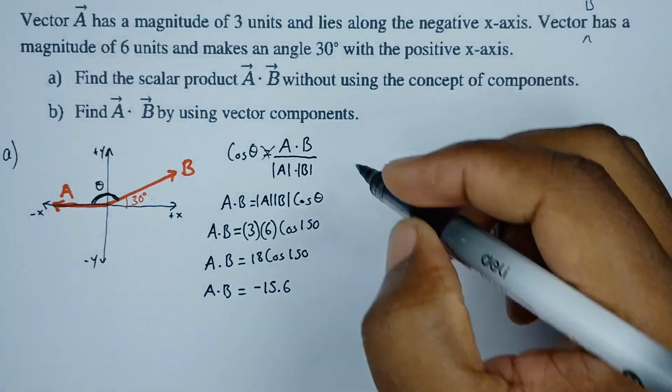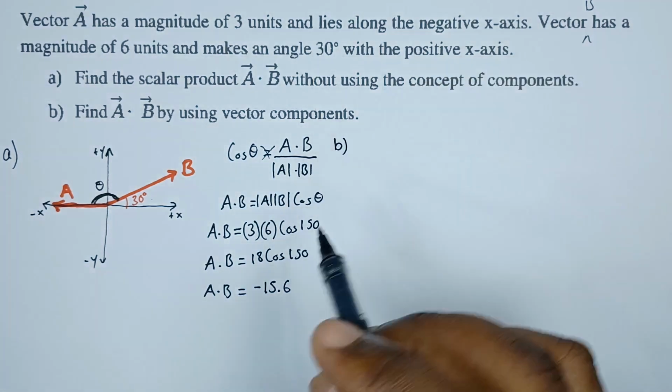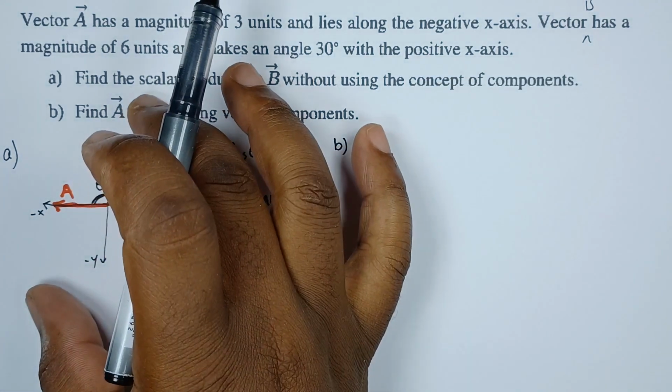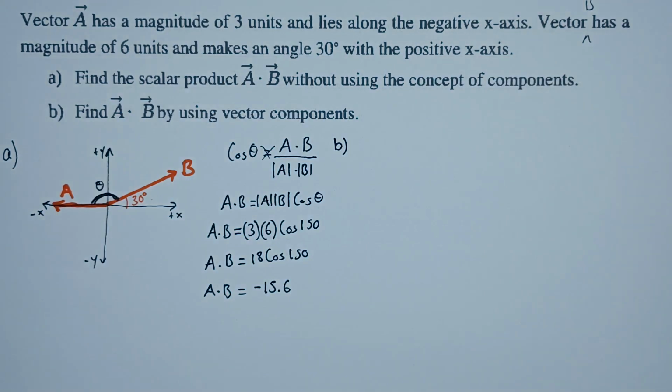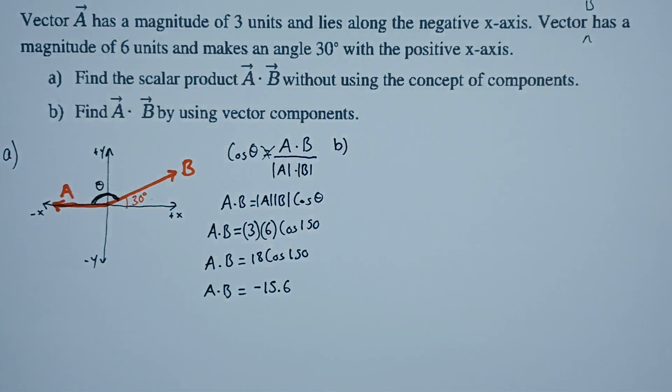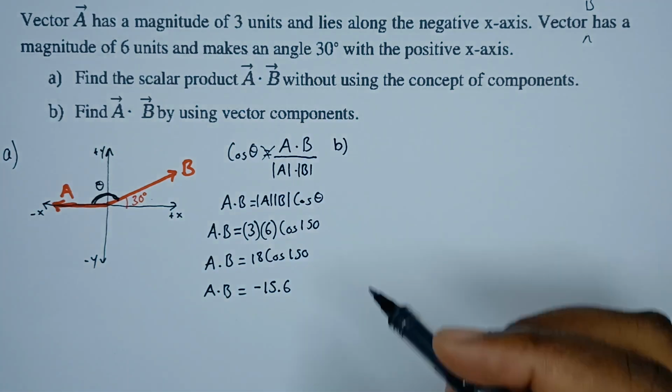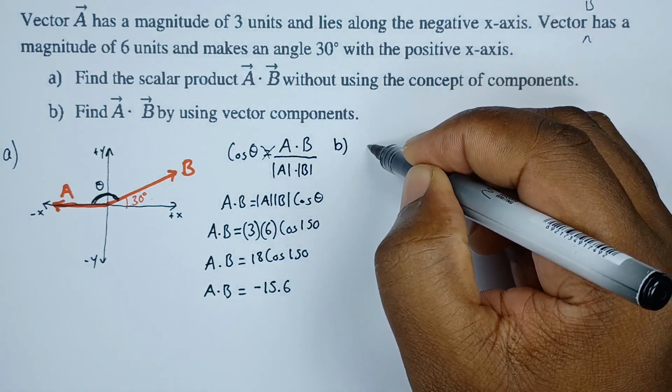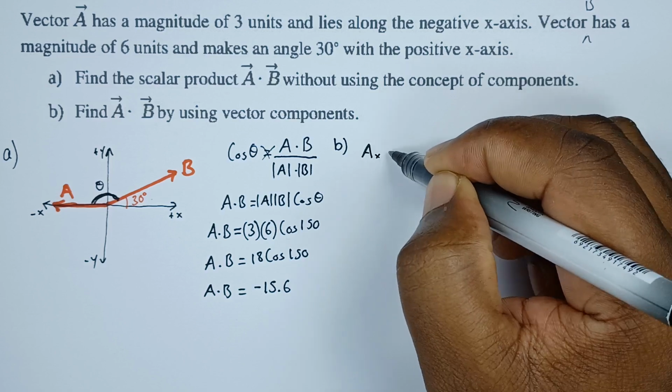So to start with, part B. From the diagram that I have here, we're going to look at the components for A and the components for B. For A, I will say Ax.